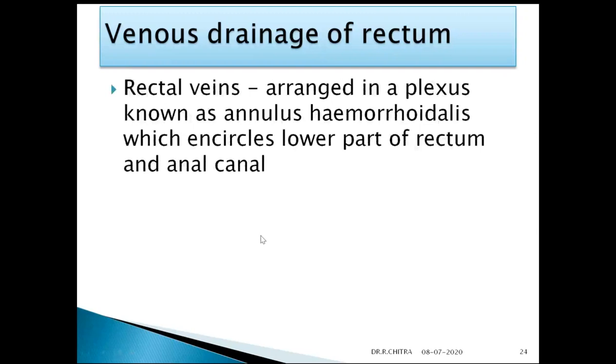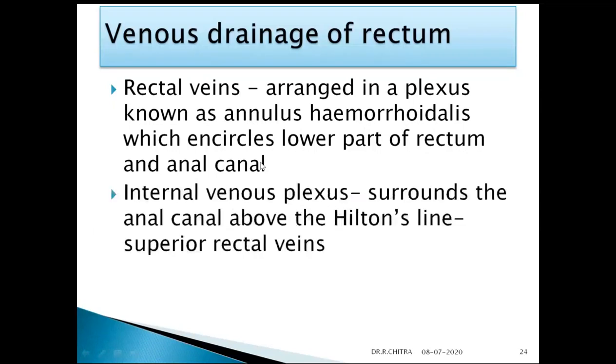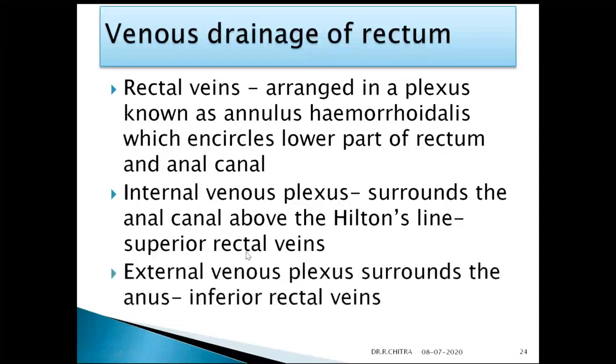Venous drainage of the rectum. The veins are arranged in a plexus known as the annulus hemorrhoidalis, which encircles the lower part of the rectum and the anal canal. The internal venous plexus surrounds the anal canal above the Hilton's line, and they form the superior rectal veins.